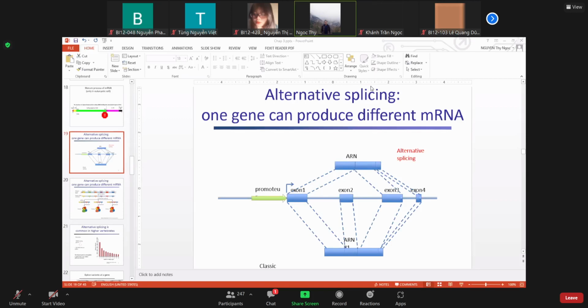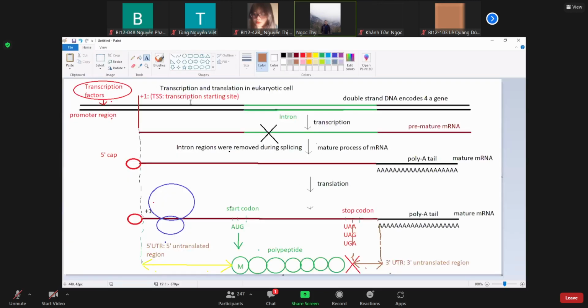But one of the mechanisms that has been agreed on recently, proved by experiment, is when the spliceosome comes down and tries to remove the intron. Some introns will have a variant or mutation in the location nearby the exon.